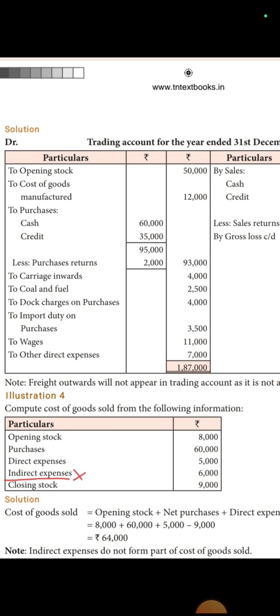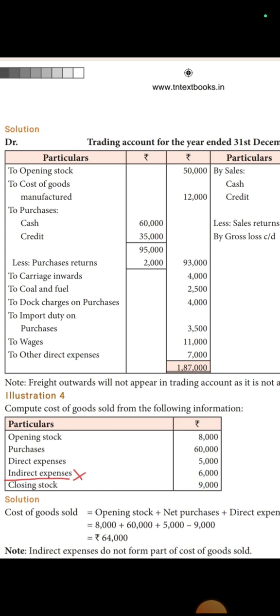Are you clear? What is the difference between cost of goods sold and sales? The cost of goods sold is 1 lakh rupees, and you made sales of 1 lakh 20,000 rupees. Here they ask for the cost of goods sold.